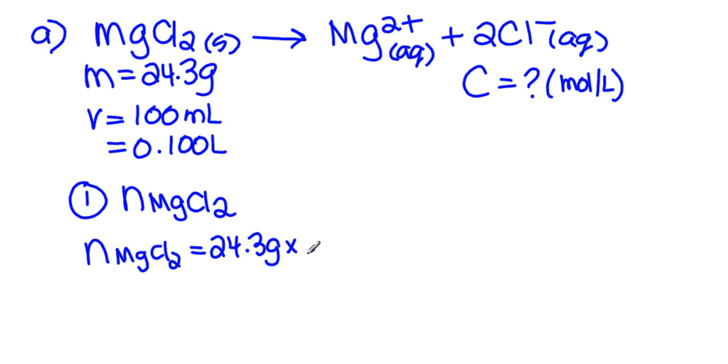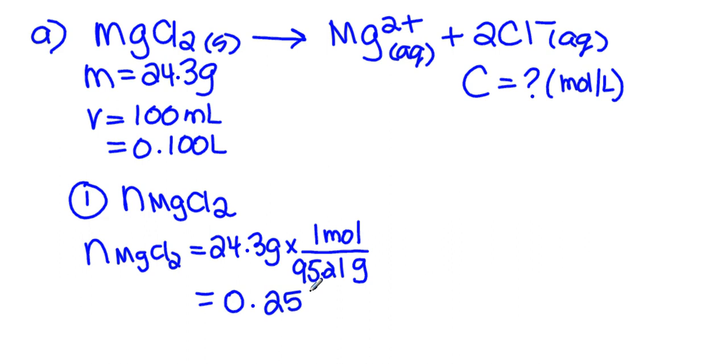Grams in the numerator means we want grams in the denominator. So for molar mass, our 1 mole goes on top and our mass goes on the bottom. Or another way of looking at it is you're taking your mass and dividing by the molar mass. When we plug that into our calculator, we should get about 0.255 moles.